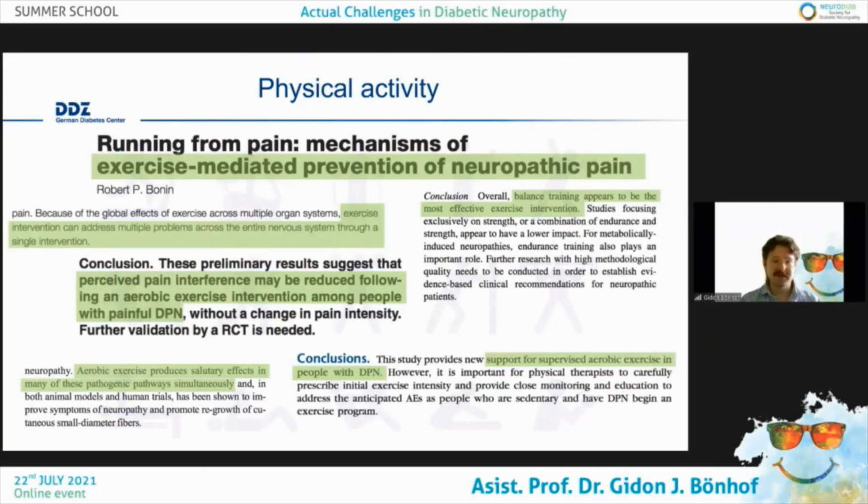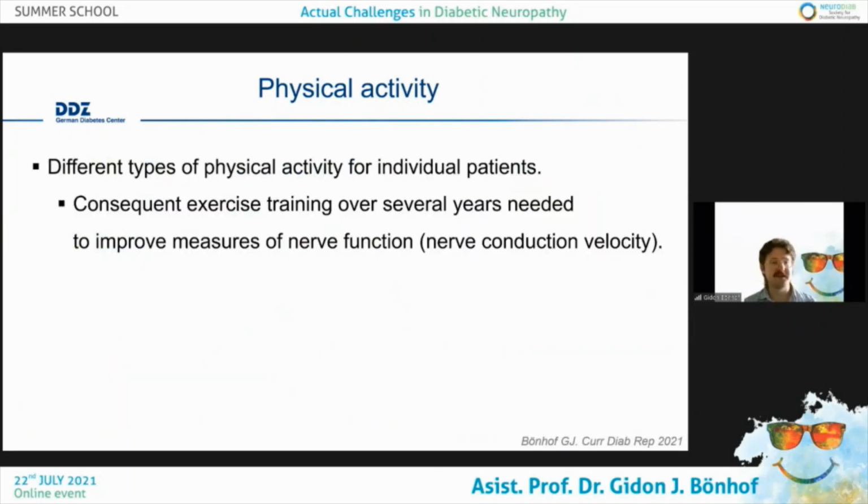So there are several studies available, but unfortunately, just a few of them are reasonably powered, good, or controlled. And my conclusion from those studies is that you need different types of physical activity for different patients. You need to ask yourself, what is the goal in the treatment of diabetic neuropathy?